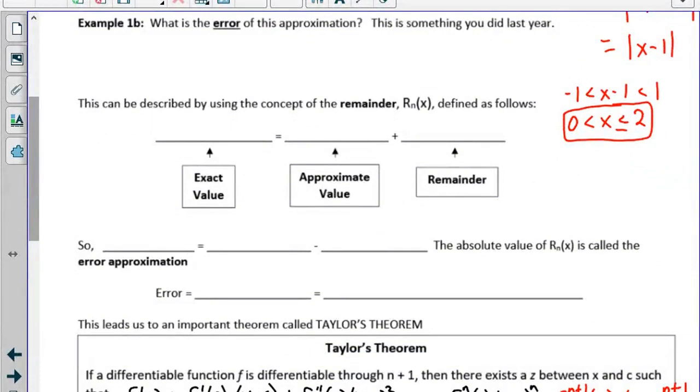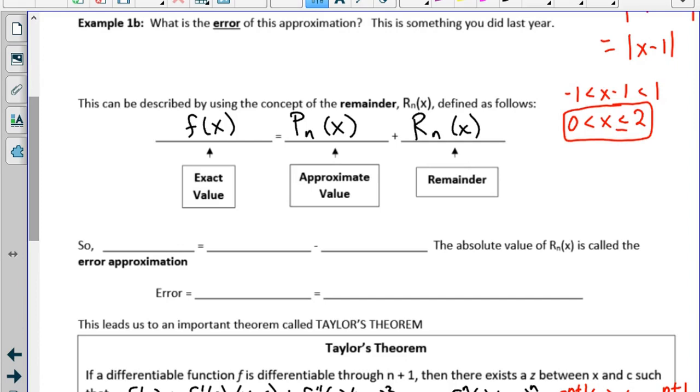So we can describe this using the remainder, which is defined as follows. We have some function, and that is equal to the polynomial, which is our approximate value, and then we have some remainder that is obviously missing.